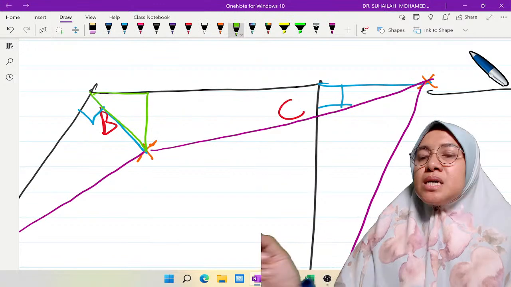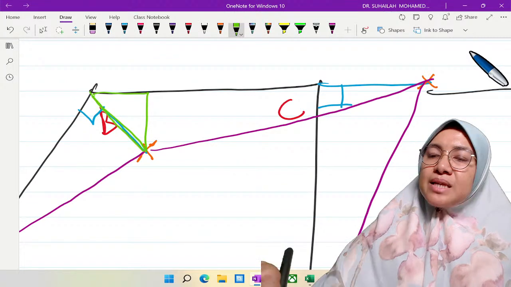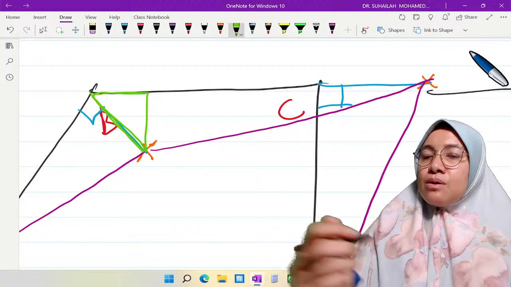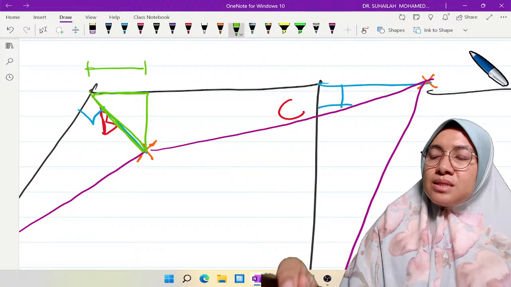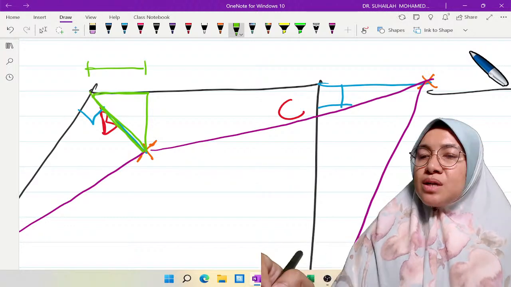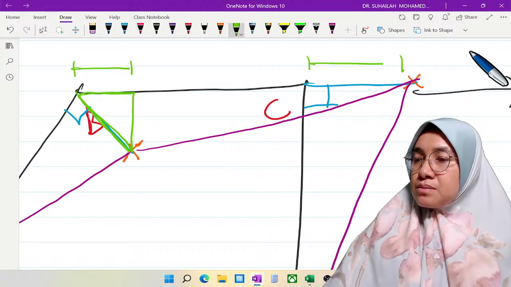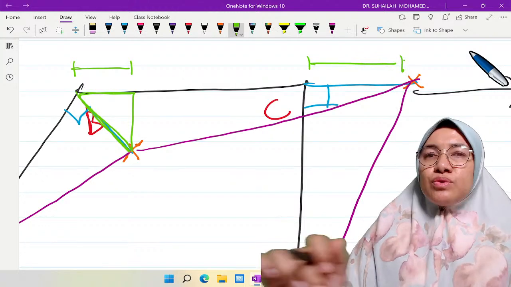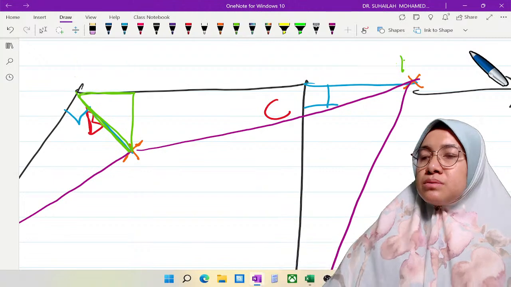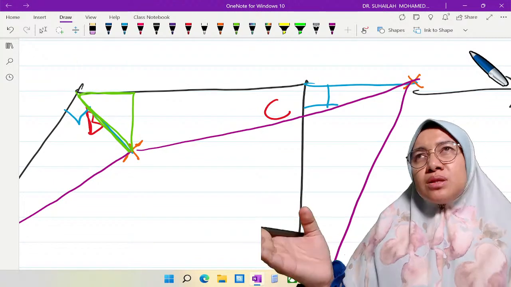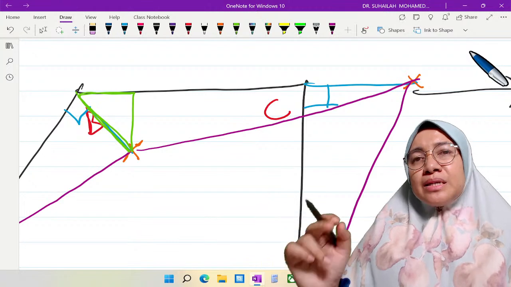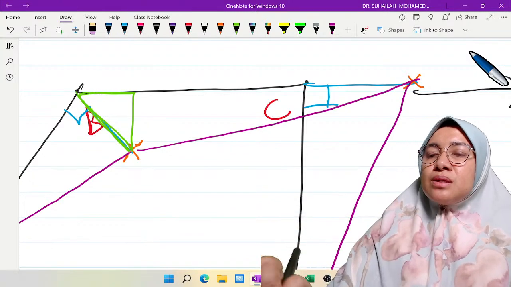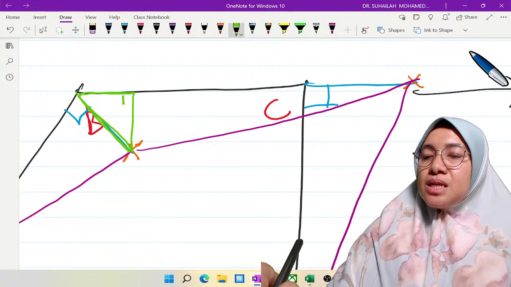Because this inclined one is for member 1. The horizontal one is here. The distance here, because the drawing is not to the same scale, so the distance here and the distance here should be the same. Both are the same. For a vertical member the delta must be horizontal. So this is actually the triangular.